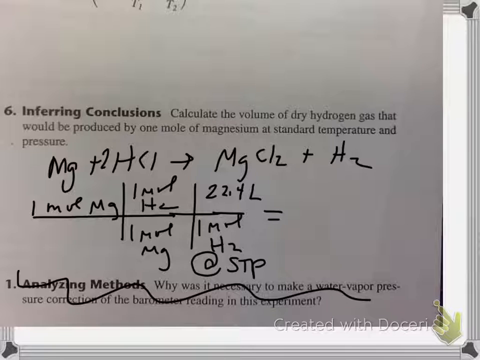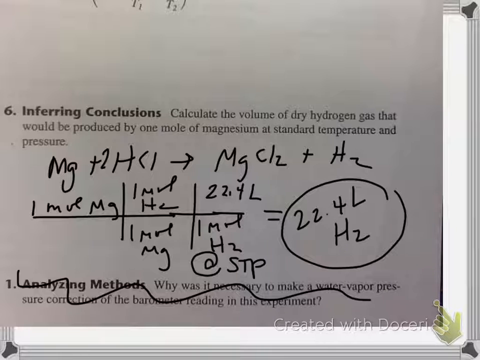What's your volume of dry hydrogen at STP? 22.4 liters. Oops, I didn't put in there of hydrogen.